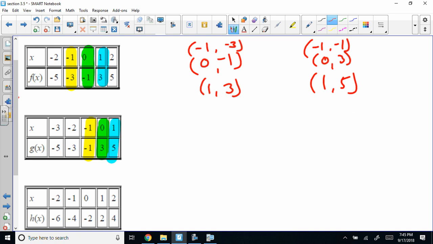We can look at the rate of change and see what type of polynomial it is, and then go from there. I'm going to look at this one real quick.